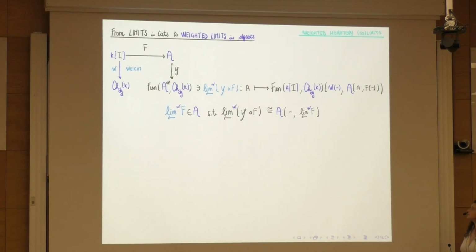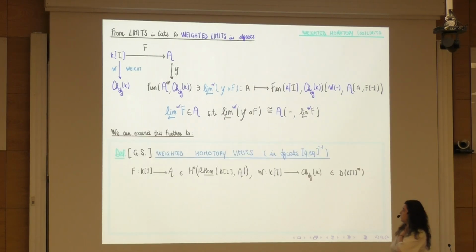So, great. Now we don't only work with DG categories, but we want to work in the DG category up to quasi-equivalences. So we want to take care of the homotopical structure. And the idea is that we can extend this further to a notion of weighted homotopy limits, which also cares about this.